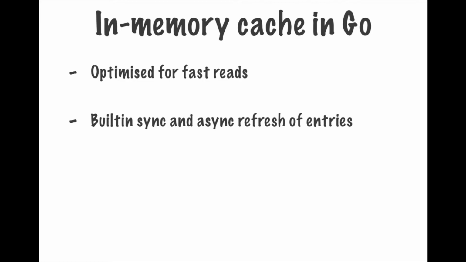Normally, if you use some cache, you need to get the entry, and if it's not in the cache, you need to fetch this entry manually. With this library, you define this producer up front, and then you just get. If the entry is not in the cache, it will download it automatically. And if it's not fresh but it's valid, it will return it immediately, but in the background it will get the fresh value.